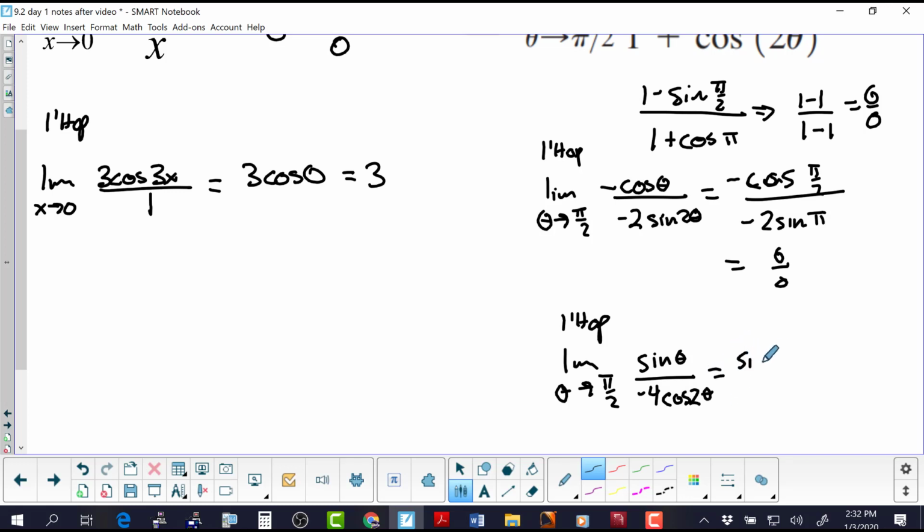Now we can plug in pi over 2. We get sine of pi over 2 over negative 4 cosine of pi. And that's going to be 1 over 4, or 1/4.